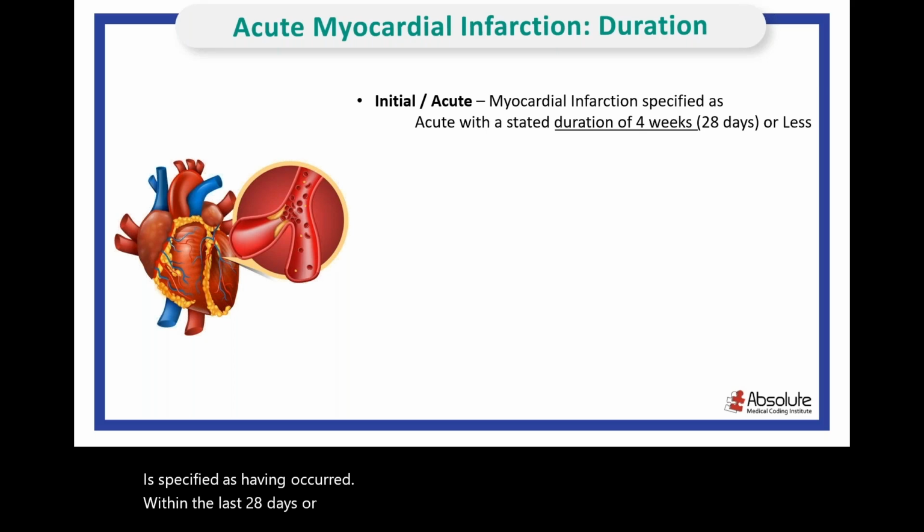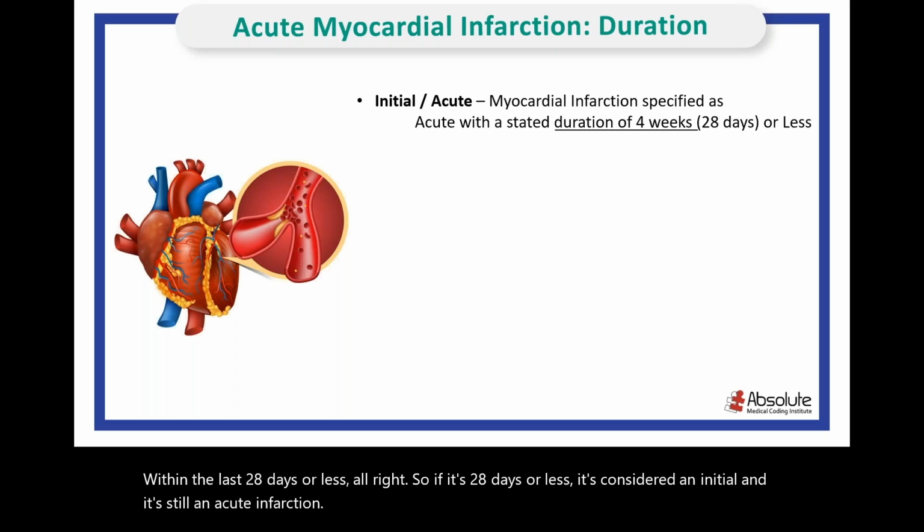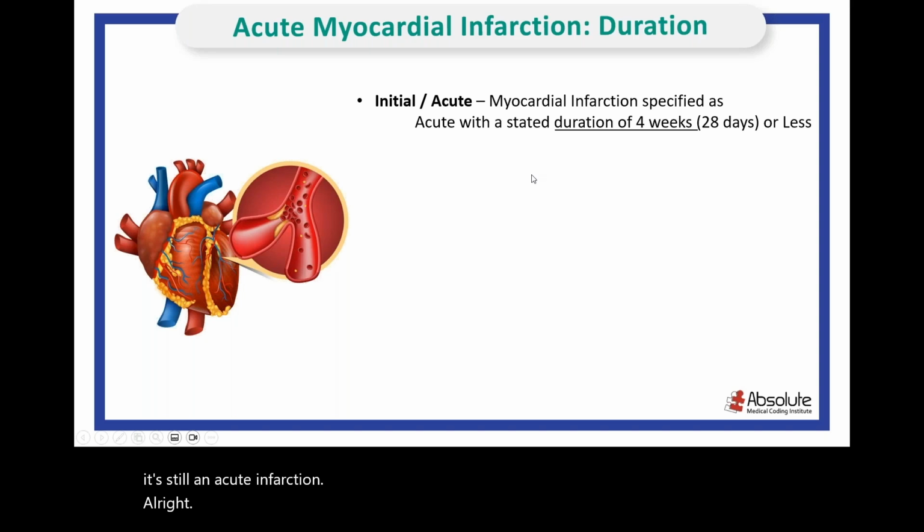If it's 28 days or less, it's considered an initial, and it's still an acute infarction. And it is an old myocardial infarction if it was longer than 4 weeks.